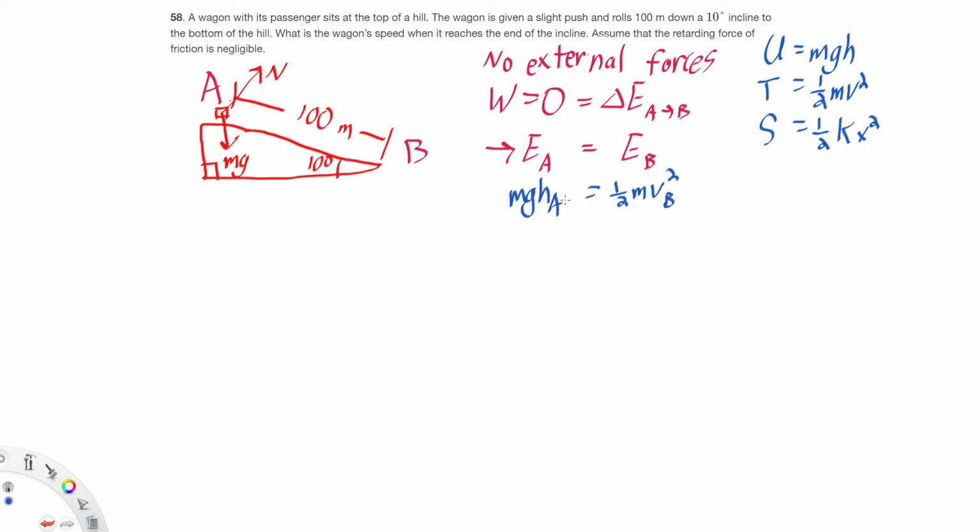At point B, it has speed, and there's an energy associated with speed. No external forces means that these two quantities have to be the same. So our m's cancel out, and we can do a couple of steps of algebra to solve for our velocity at B. So v_B is going to equal the square root of 2 g h_A.